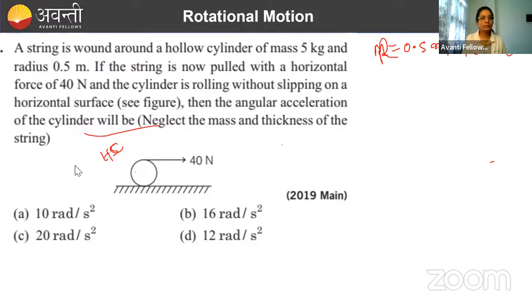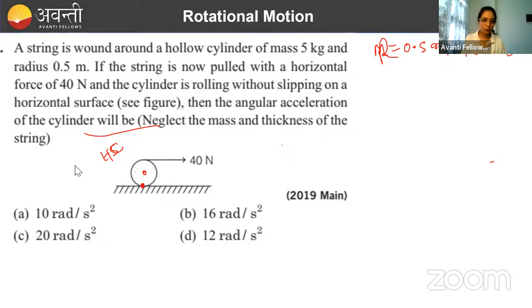So here see, I have told you earlier also, if you have to calculate the torque, always choose to calculate torque around 2 points. One point can be your center of mass always, and another point is the point around which it is rotating. Or in the case of rolling, another point you can take is the point of rest, that is the point at which it is touching the ground.